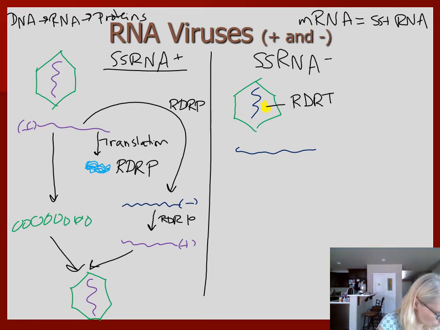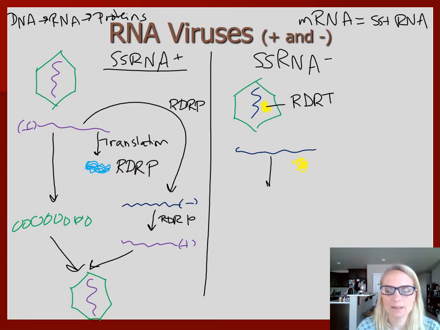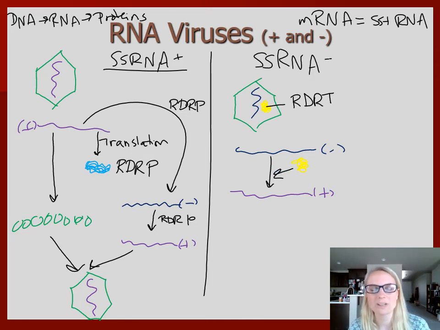RNA-dependent RNA transcriptase. This enzyme has to come into the cell with the genome. So it's kind of hanging out here. Because before anything can happen, the virus has to use that enzyme to make the sense strand, right? This is our positive. This was our negative. So it's using this enzyme, RNA-dependent RNA transcriptase, that came in with the virus to make the mRNA.